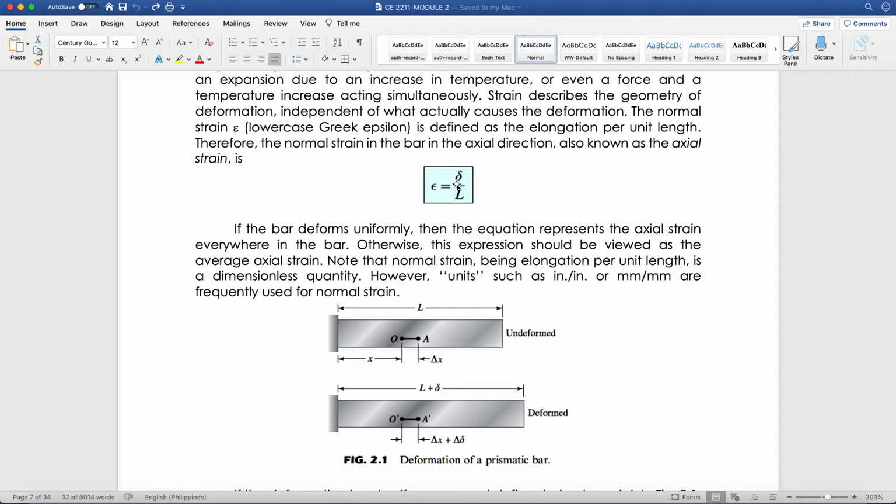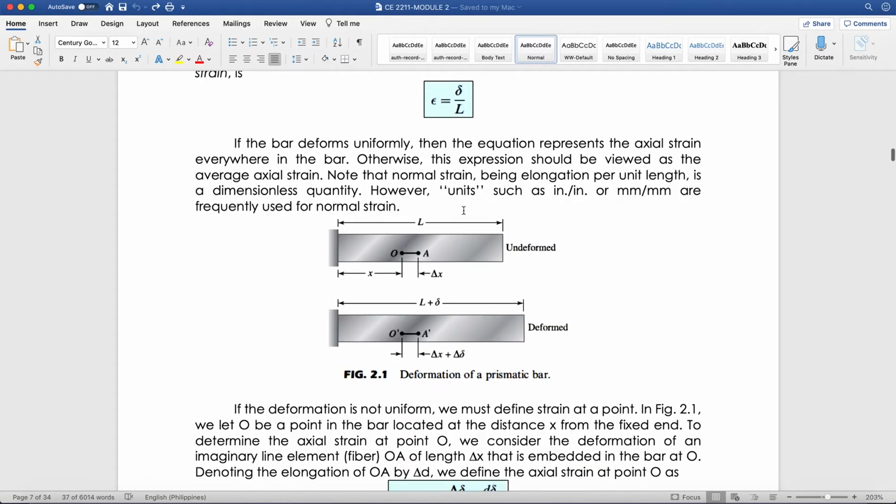So the change in the length divided by the total length, therefore that is your strain. Strain is a unitless ratio. It is the ratio between the elongation or the deformation with respect to the original length. Okay?